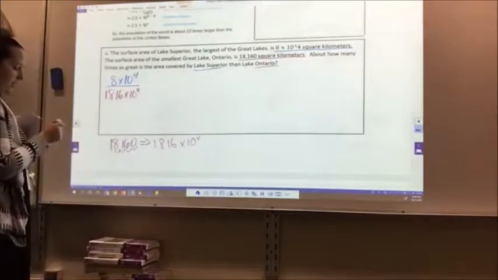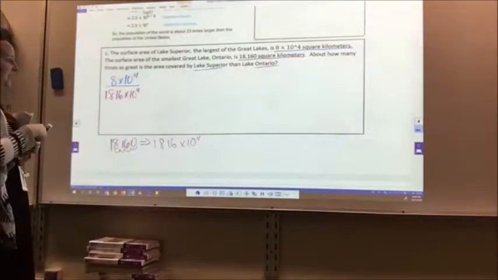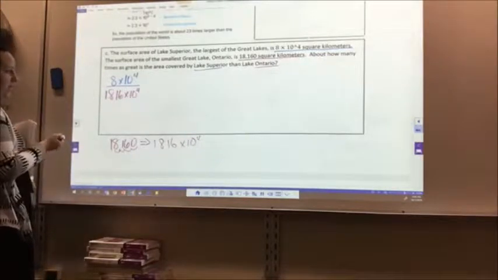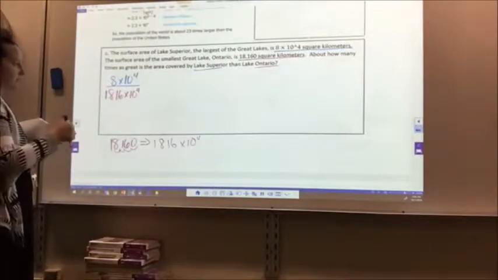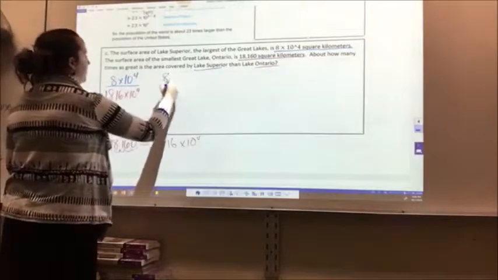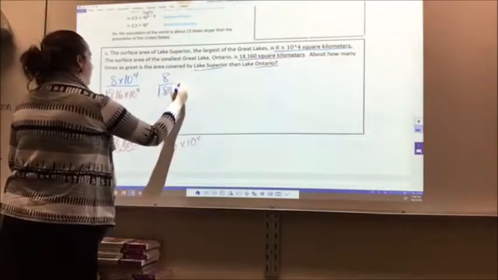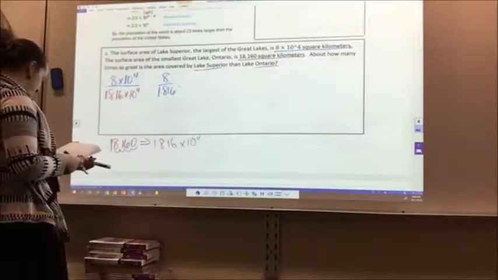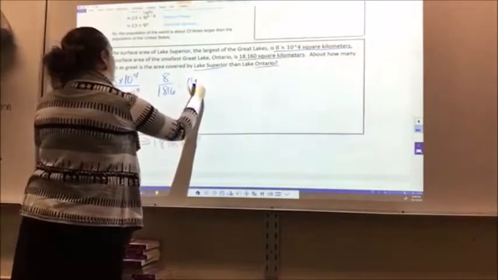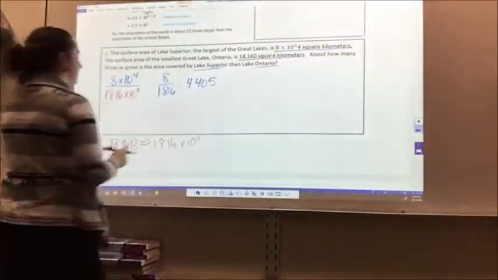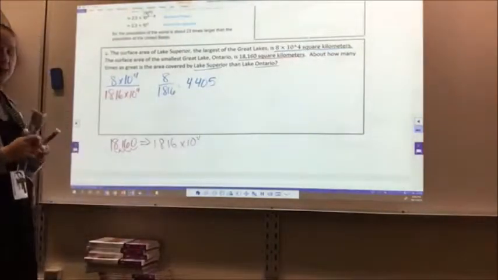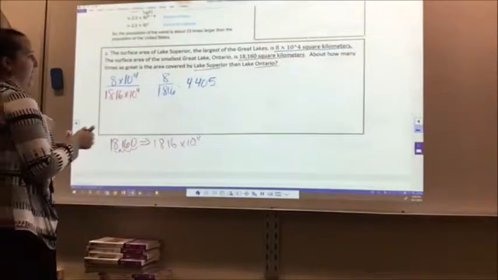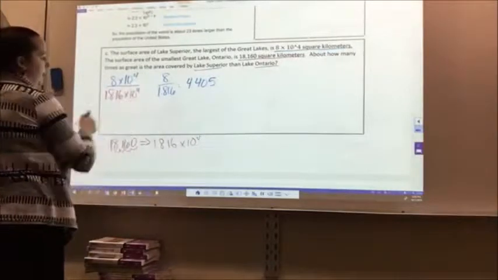Okay. So then again, I want to go ahead and divide my whole numbers. So I divide 8 divided by 1.816. That's my first step. That will give me 4.405. That's great because that's already in scientific notation terms. Then I'm going to have 10 to the 4th, 10 to the 4th.